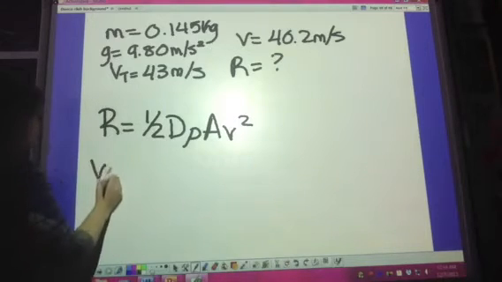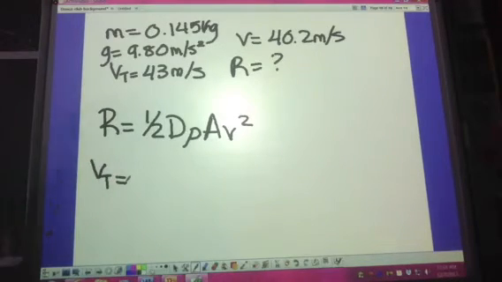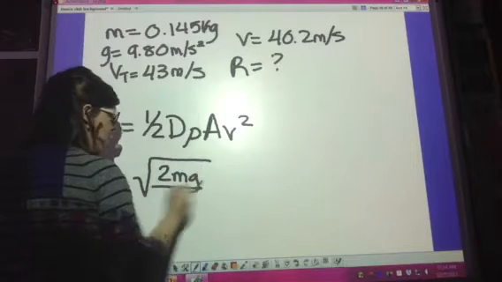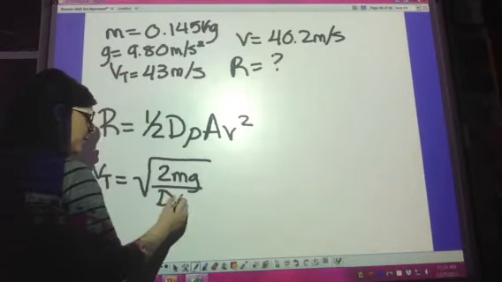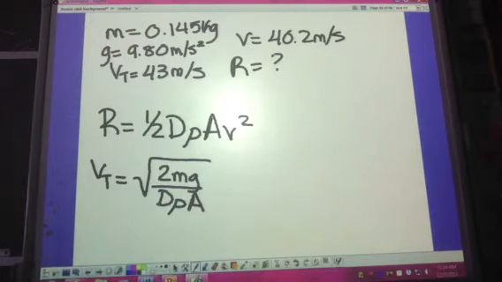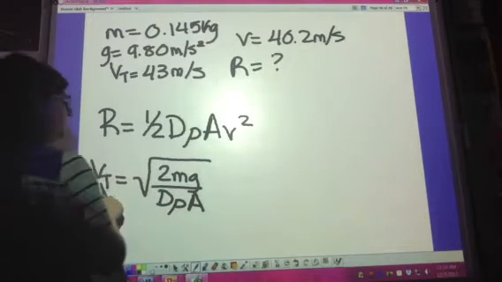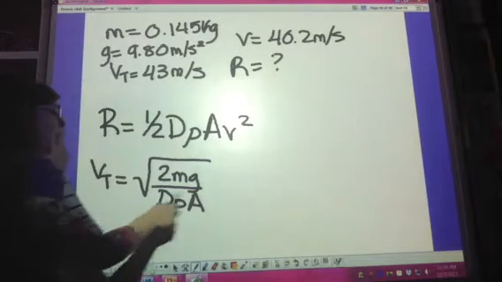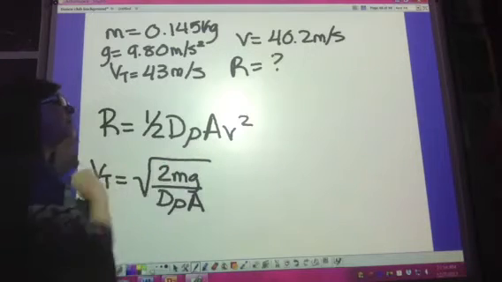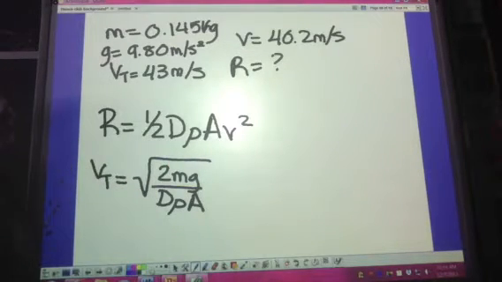And I know that because Vt is equal to, when R is proportional to v squared, the square root of 2mg over the drag coefficient times rho times A. So we do know that. I know m, I know g, I know Vt. If I solve for one of these variables, I could plug it in up here, and I bet anything they would cancel out. So let's check it out.